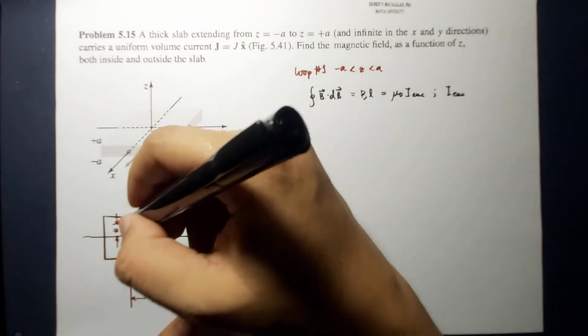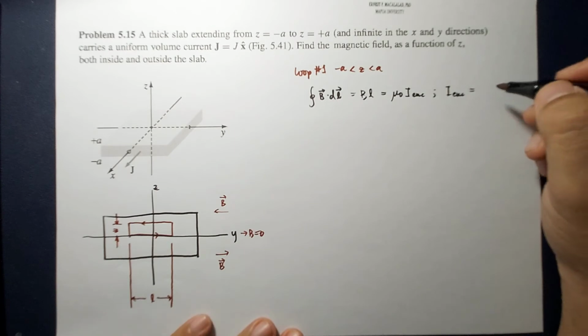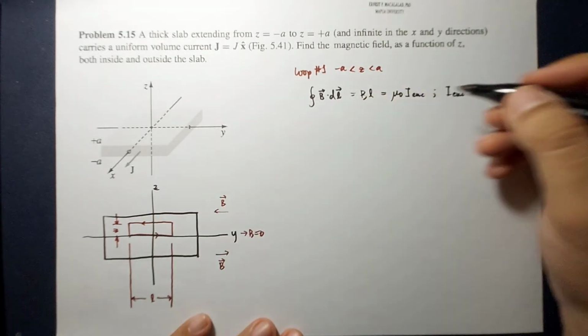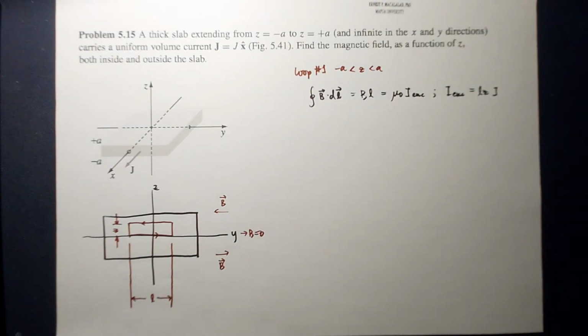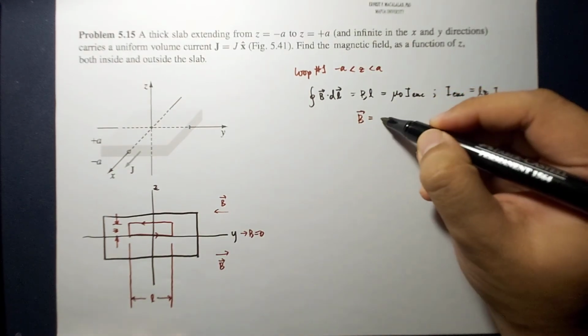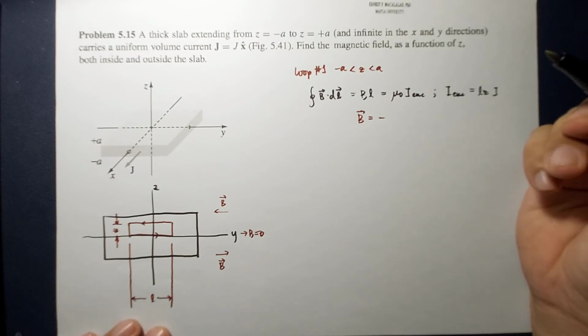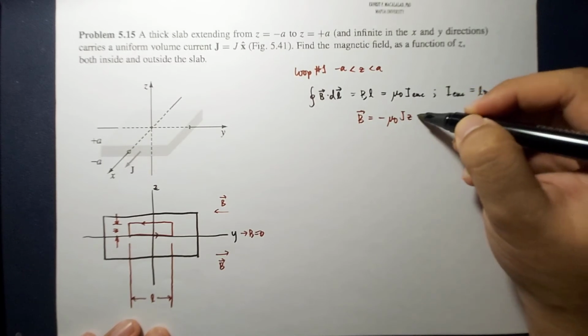The area of this loop is L times Z, so I enclosed would be LZ times J, and the direction is along the y direction. So B is now equal to negative mu naught J Z y hat.